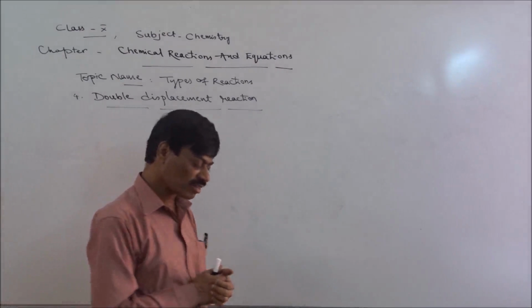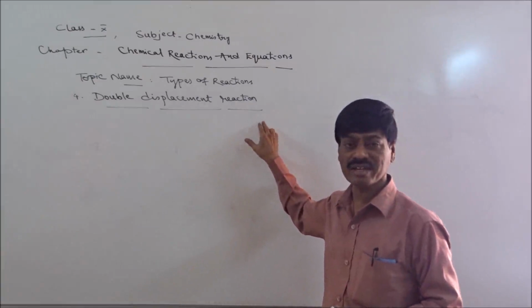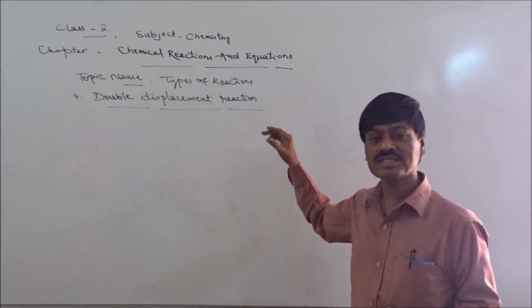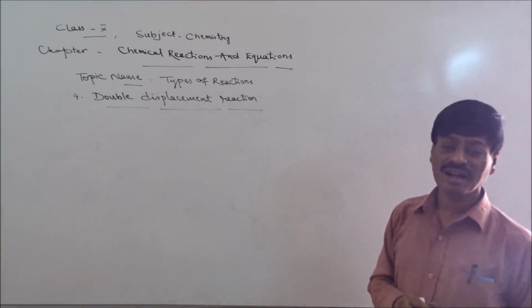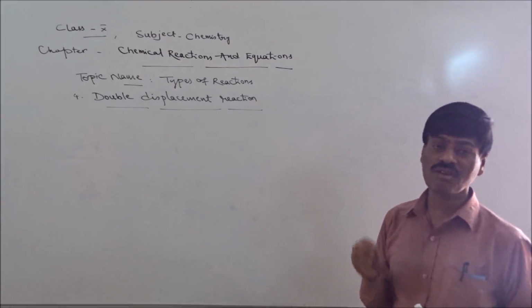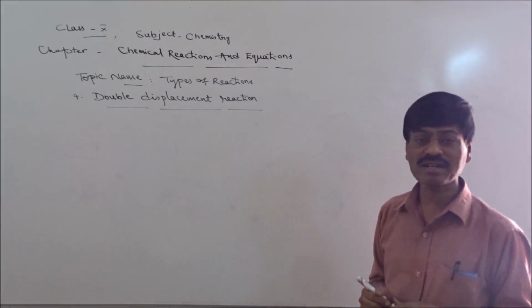These points together, if we put, that will become the concept. So the reaction wherein both the reactants are converted into ions and then mutually exchange those ions, thereby forming new substances, is called double displacement reaction.